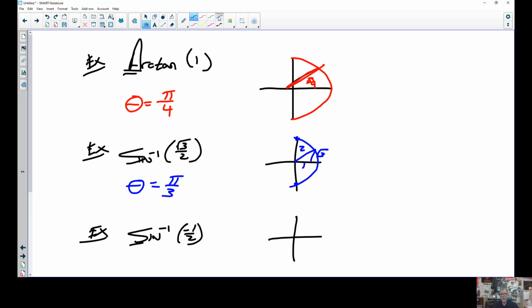For sine, it's going to happen between here and here. So negative has to be down here where the opposite side is negative 1. This is 2. That's going to be a negative pi over 6, right? Because we're going in this direction. So a negative pi over 6, because this would have to be the root 3. So theta equals negative pi over 6.